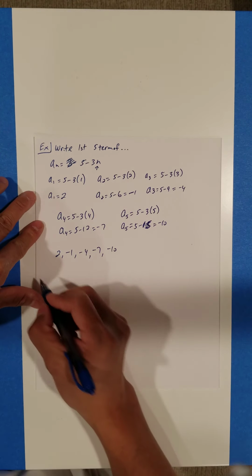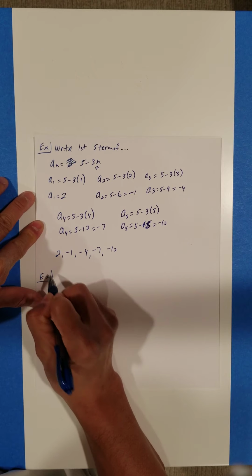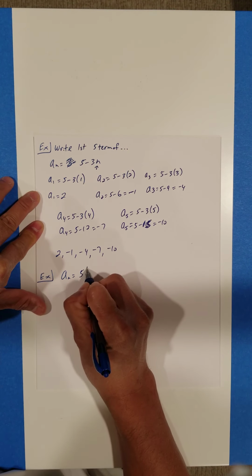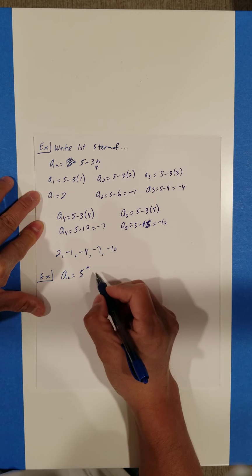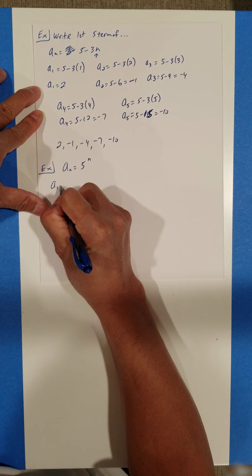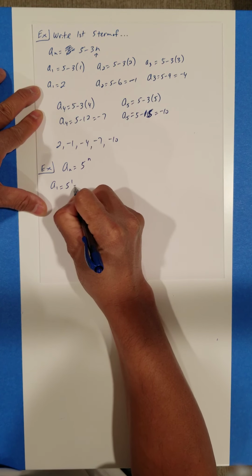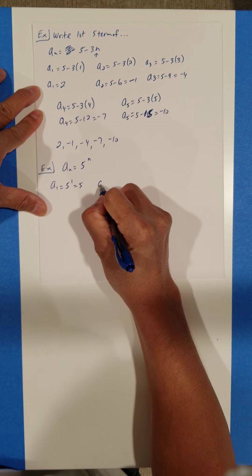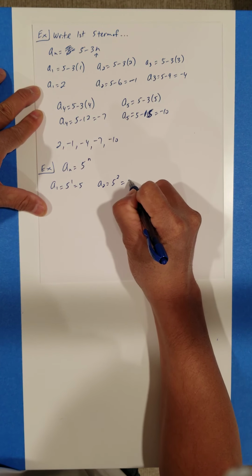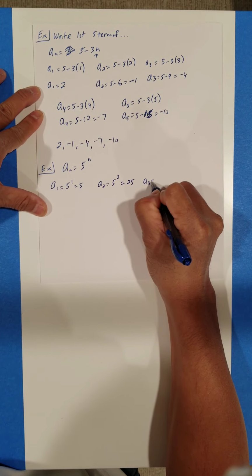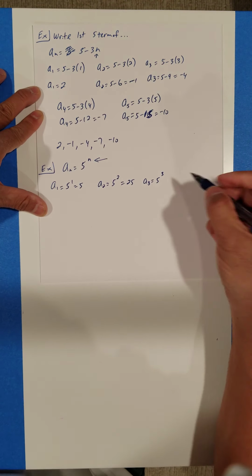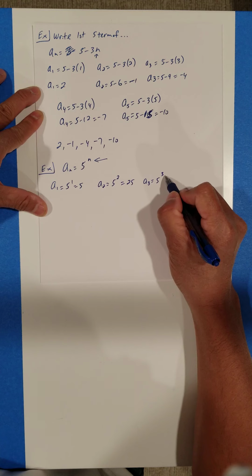Next example, let's say you have a sub n equals 5 to the n. You want the first 5 terms, so a1 is 5 to the 1, that's 5. a2 is 5 to the second, that's 25. A3 is 5 to the third. We're just plugging in n there, plugging in this value as a power.